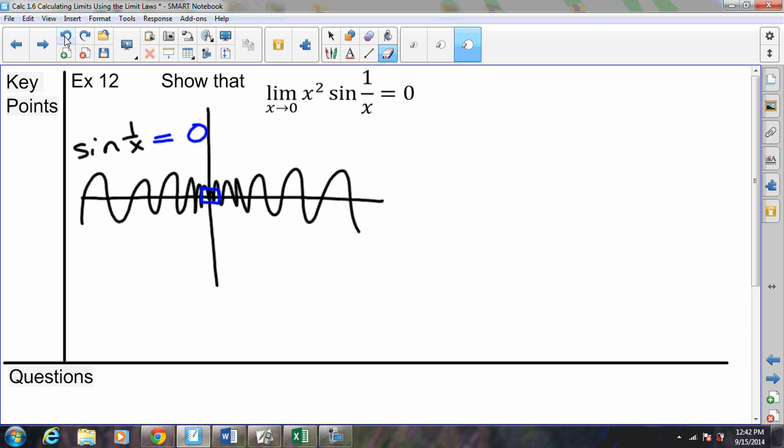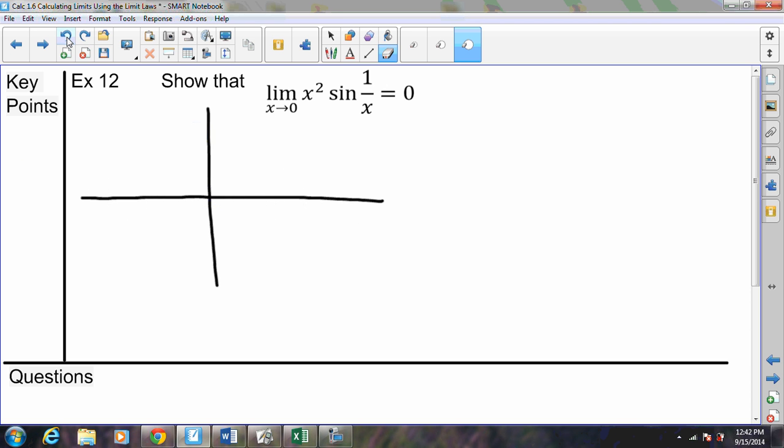But where this piece gets helpful for us is that this is not just sine of 1 over x. It's also x squared times. What this winds up doing for us is, as you start getting really far away, sine of 1 over x, because sine of anything is bounded between -1 and +1.